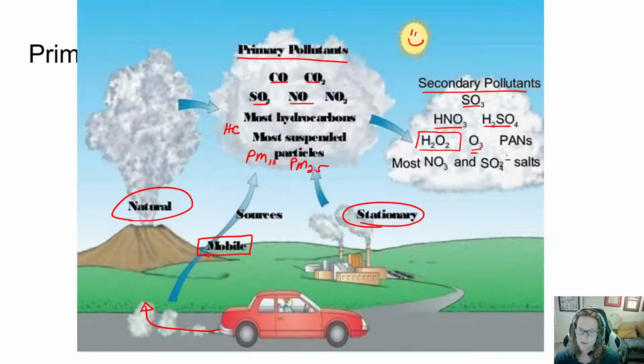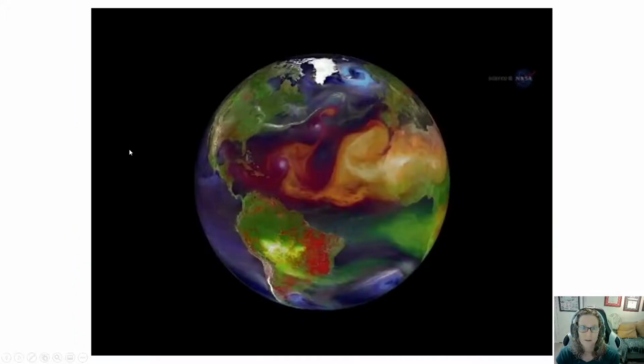We've got that ground ozone, PANs. We're going to talk about those in another lecture. And a lot of these salts. So they're all complicated things that lead to really bad air quality. And that's going to be a concern. So know the difference between a primary pollutant and a secondary pollutant, which we will continue in future lectures and get more in depth with.